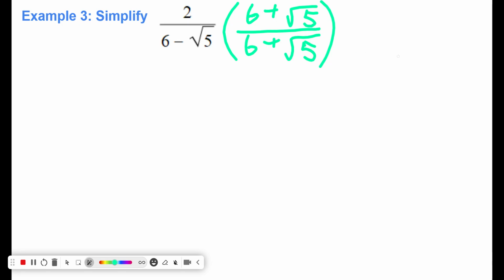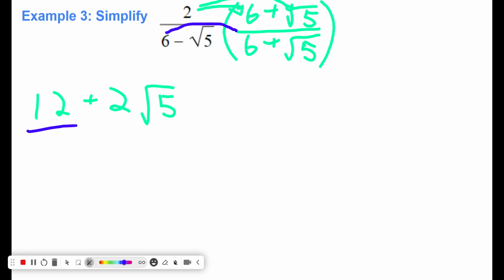And from here, we're going to have to distribute when we multiply, so we have to make sure we're paying extra attention to that. Let's do the numerator first. 2 times 6 is 12. 2 times square root 5 is 2 root 5. And on the bottom, 6 times 6 would be 36.